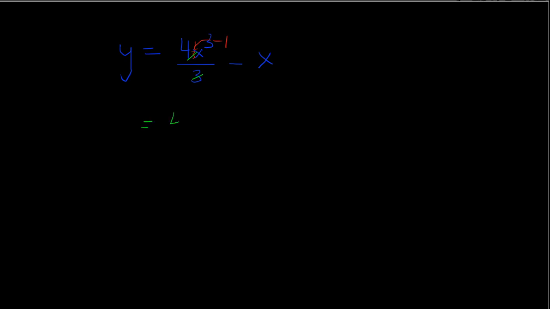So I'm going to be left with 4x 2nd power minus, think of x as x to the 1st. That's going to come down, and I'm going to subtract 1 in the exponent. So that would just be 1x to the 0, which is just 1. So my derivative is 4x squared minus 1.